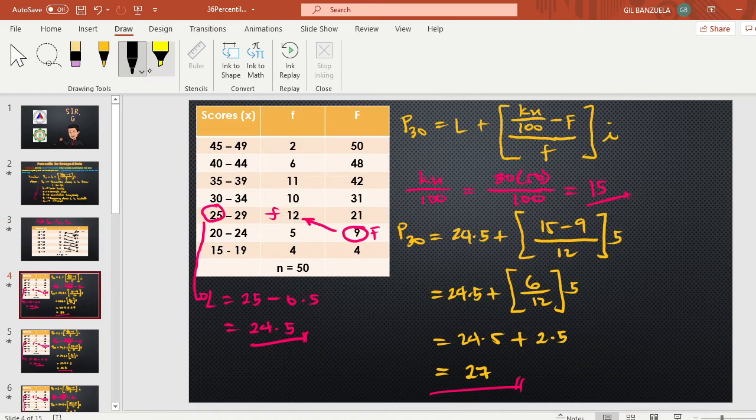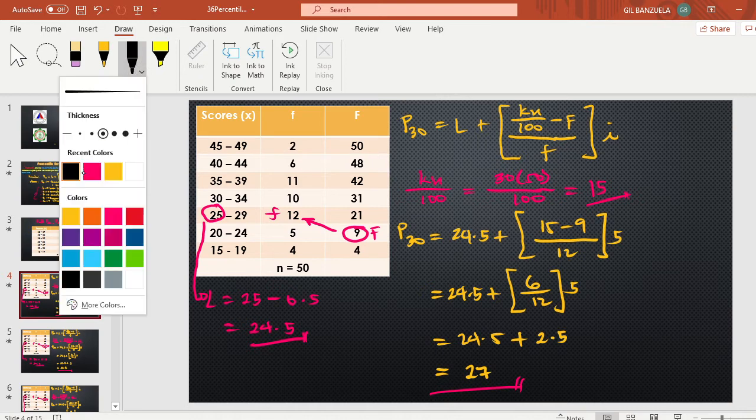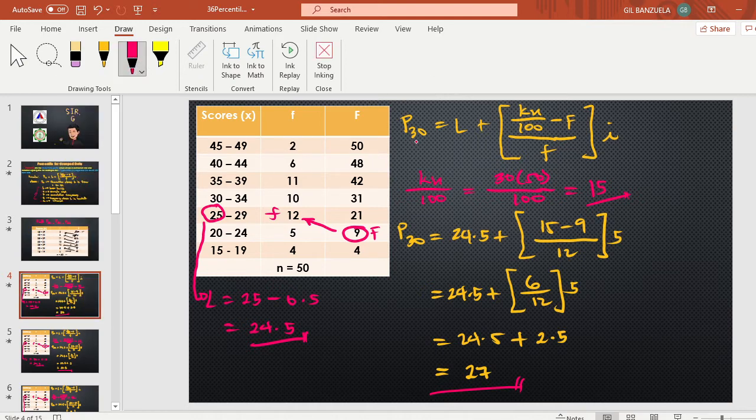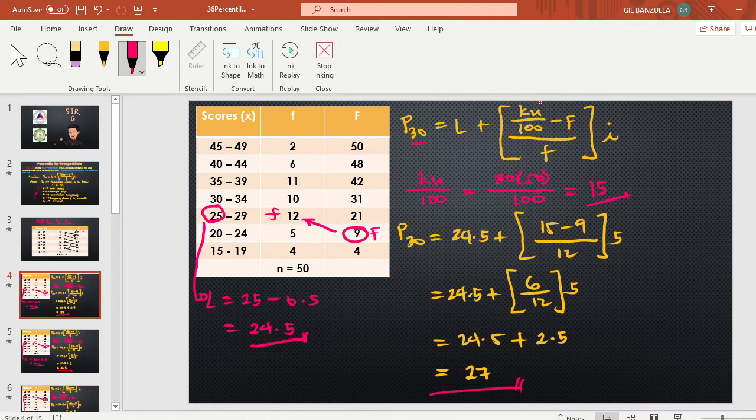Okay, so let's deal with our formula. In here, guys, we are looking for the value of P30. That's why our k here is 30. Alright, so kn over 100. Again, you are very familiar with this formula.